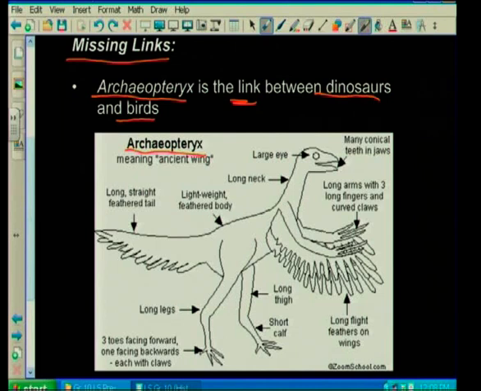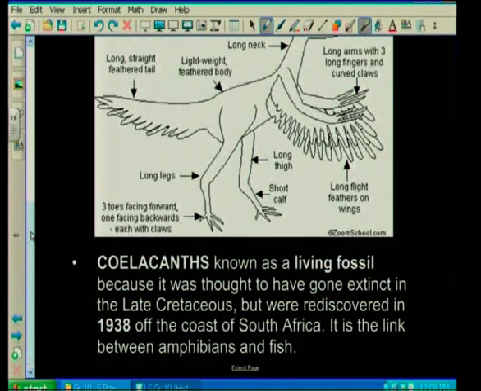Because it resembles a reptile and it looks like a dinosaur and it also looks like a bird, they say that this is the link between the dinosaur and the bird. The species that may have existed between the dinosaur and the bird was the Archaeopteryx. Right, so that's a missing link that you need to know.